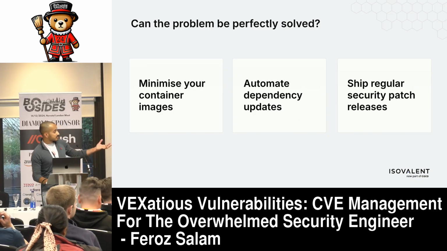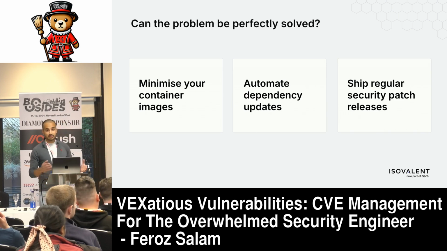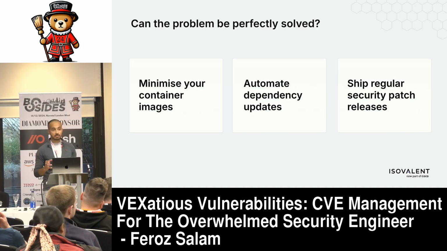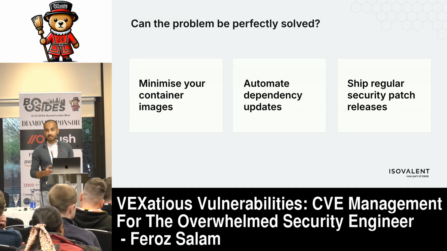You can try these things. These are very reasonable things to do. So you make your container images as small as possible. You try Distroless images. That really helps a lot. You automate your dependency updates. That helps too. So that means that when there's a new package update available, you take it as soon as it's possible. You put it through your CI.